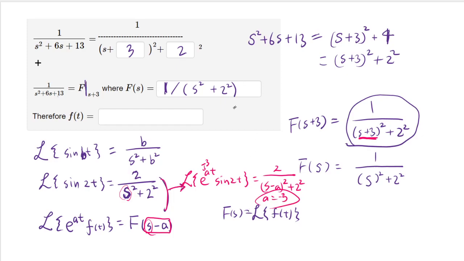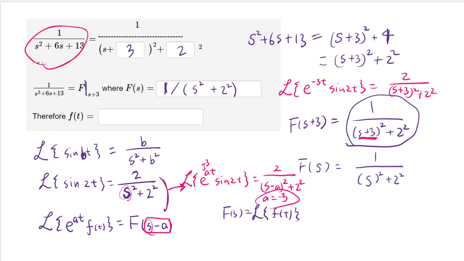So we know that the Laplace transform of e to the negative 3t sine 2t gives you 2 over s plus 3 squared plus 2 squared, which is almost the answer, except that we still have this 2, whereas what we want is 1.